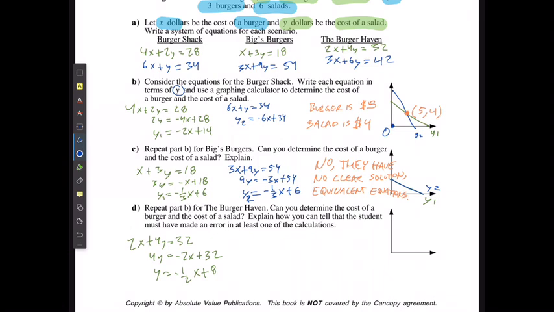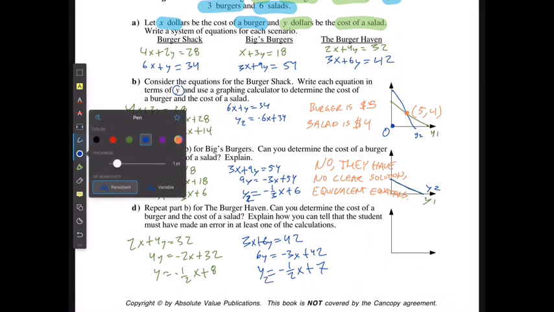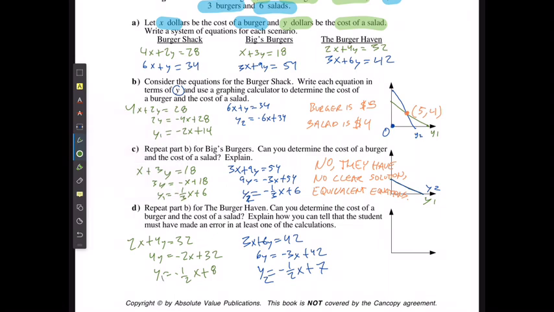I have my second equation, and I can say that if 3x plus 6y is equal to 42, 6y is going to equal negative 3x plus 42, or y is going to equal negative 1/2 x plus 7. There's my y2. There's my y1.